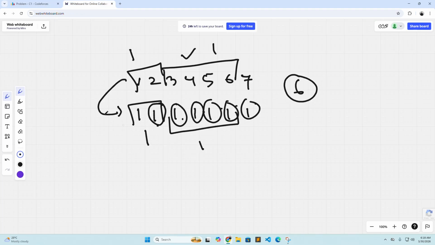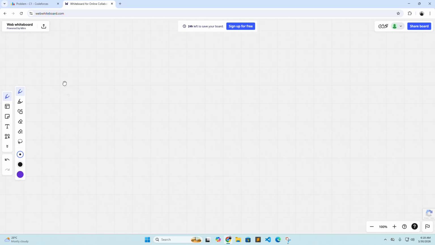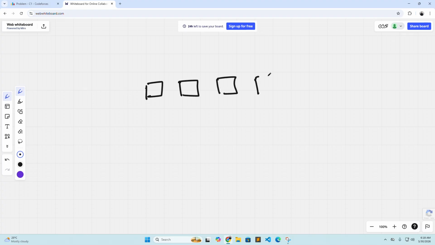So how can we solve the problem? Let's suppose we have this array. First, let's think about the first and last index.